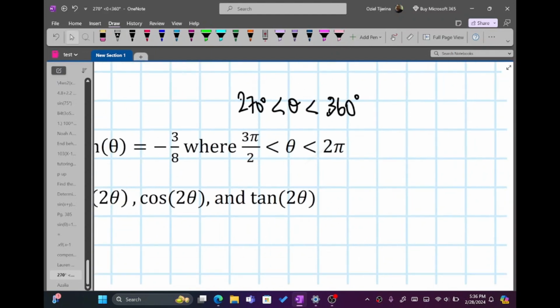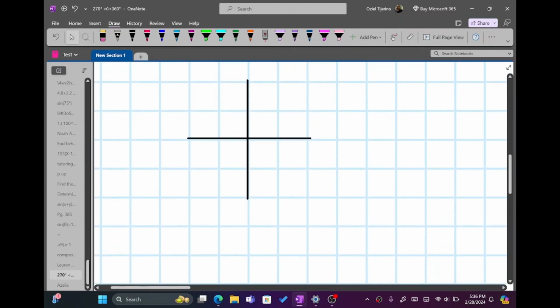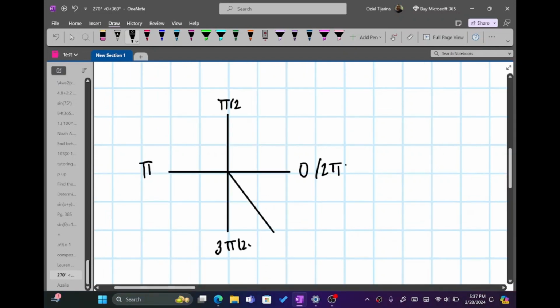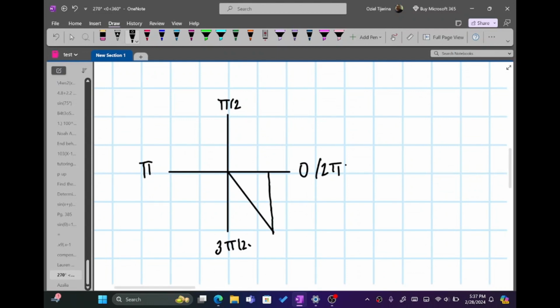Now, that means we have 0, pi over 2 or 90, then pi, then 3 pi over 2, and then 2 pi radians. I'll do my best to draw it.